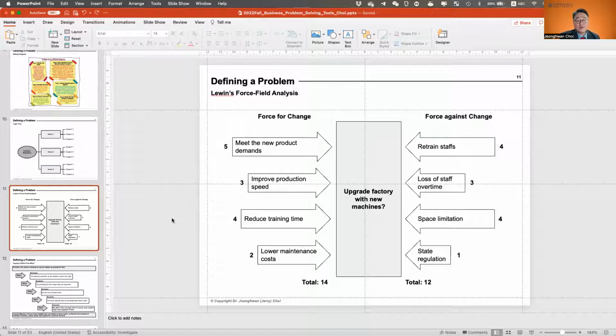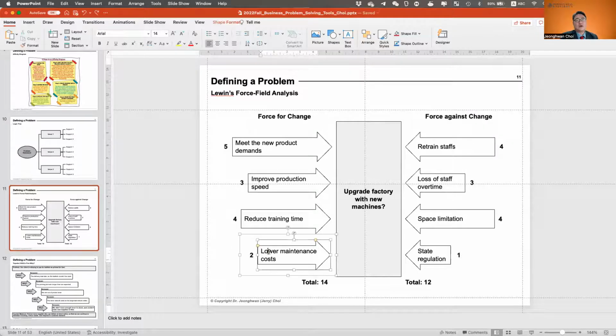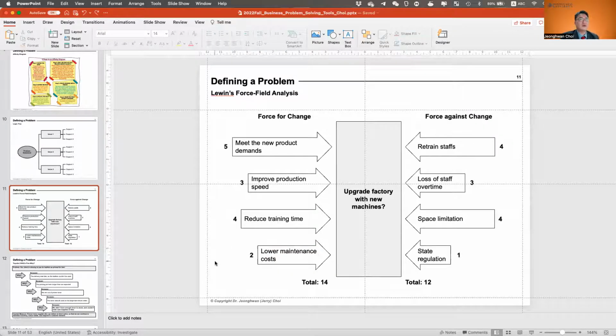However, when I use a robot, I just change the program. That's it. So I can reduce the training time and absolutely lower the maintenance cost. That is necessary. Give them a reason. Write it down. On the other hand, why should I not buy the robot?